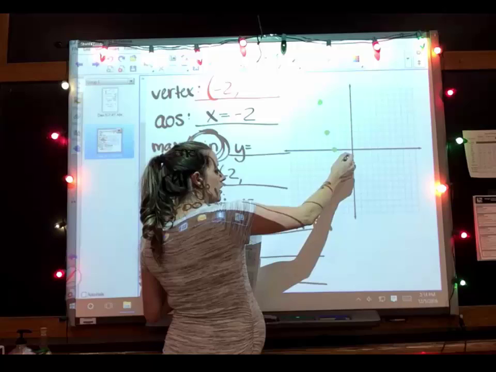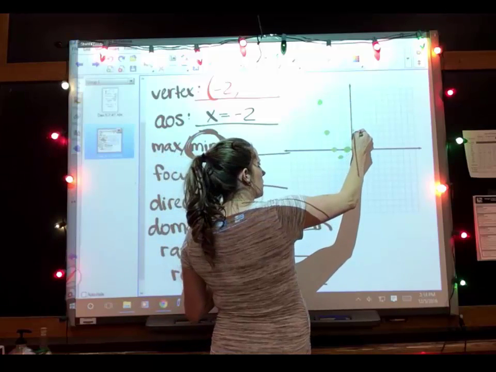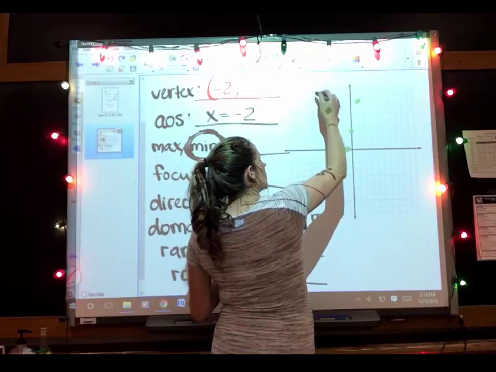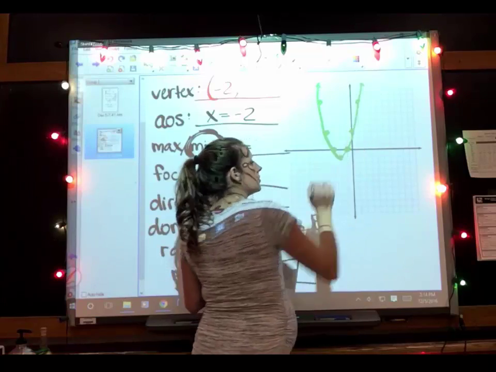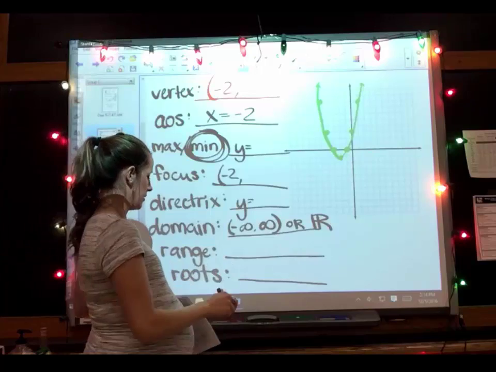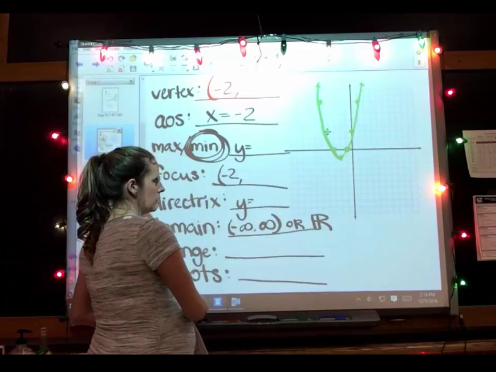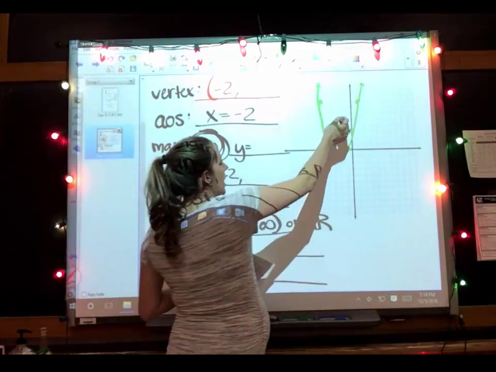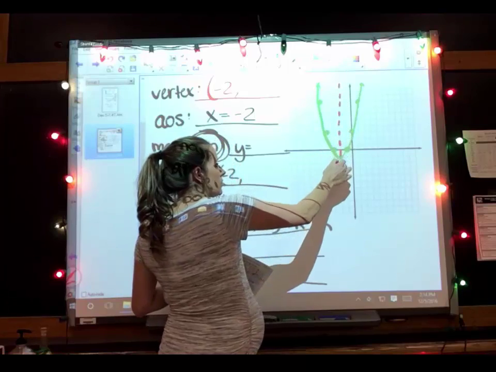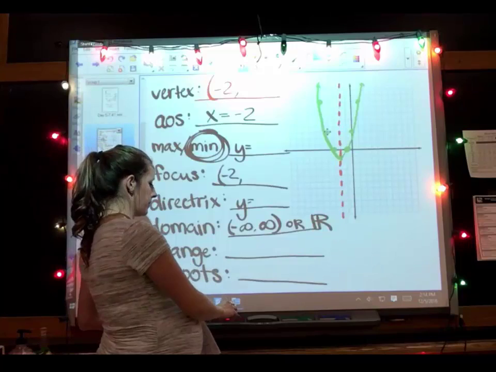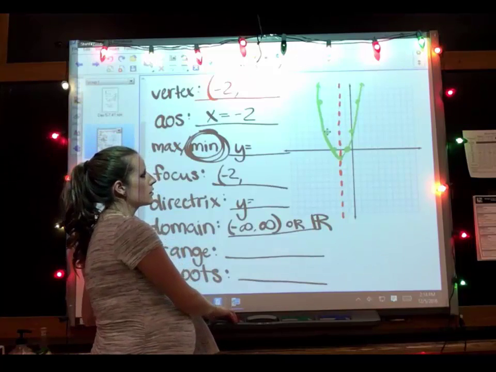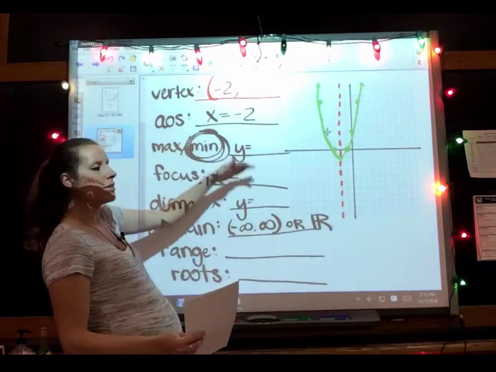And then that parabola starts coming back up, like that. Alright, so we can draw our axis of symmetry through the middle. Okay, we're going to make sure we have all of this information filled out now.